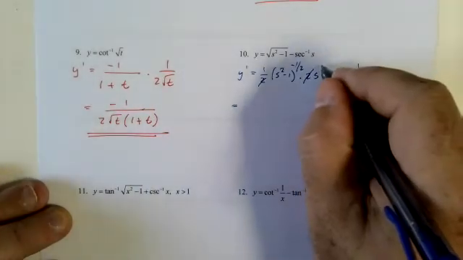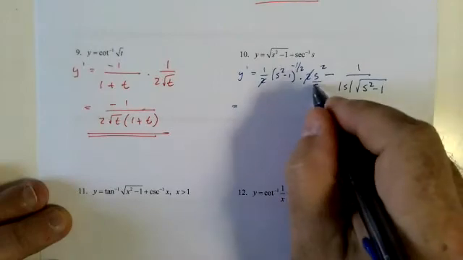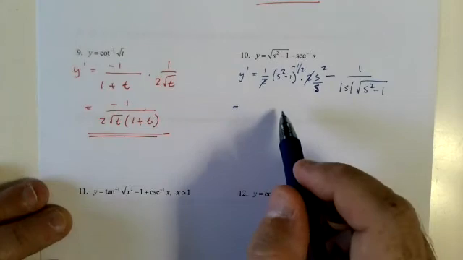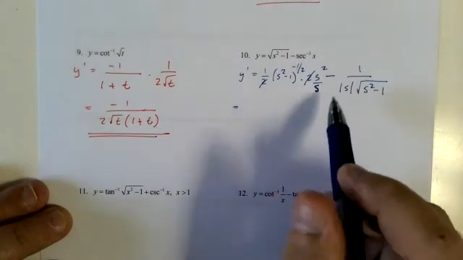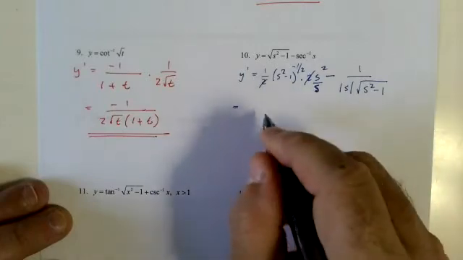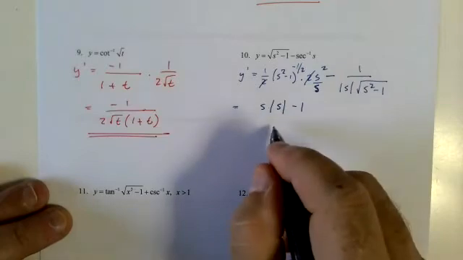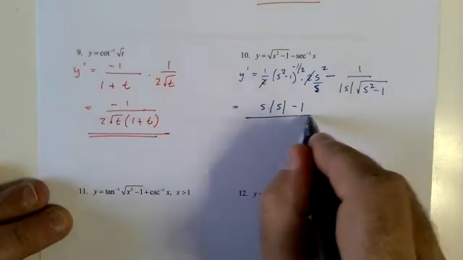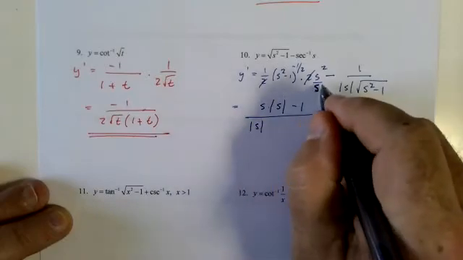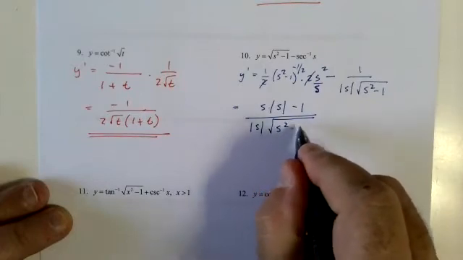I guess I can multiply this by s squared over s, and I have a common denominator. I'll slap it inside the absolute value because I don't know what the heck's going on. So we have s squared minus 1, and we really have s times the absolute value of s minus 1. That's so weird. Over, I guess I'll just consider that absolute value of s. Yeah, really should multiply by absolute value over absolute value, s squared minus 1.